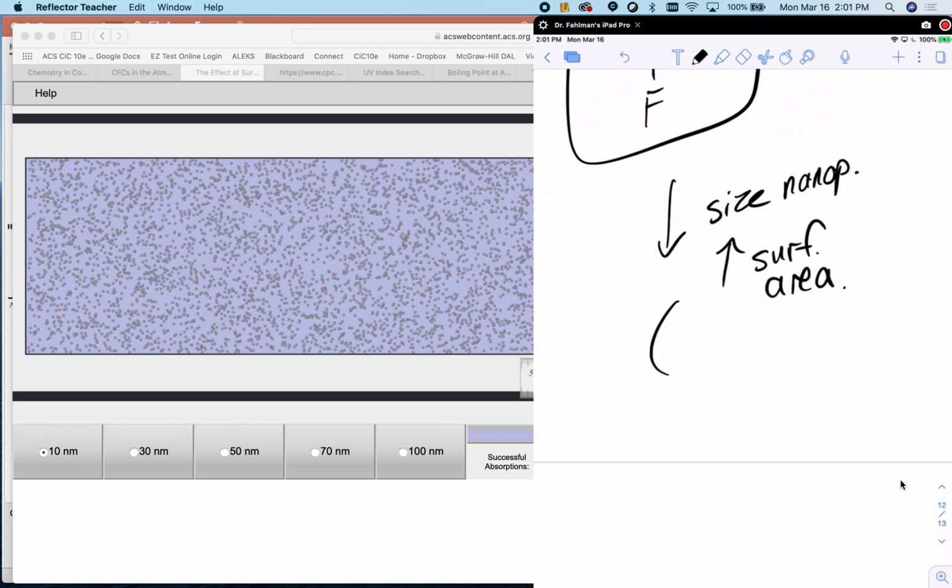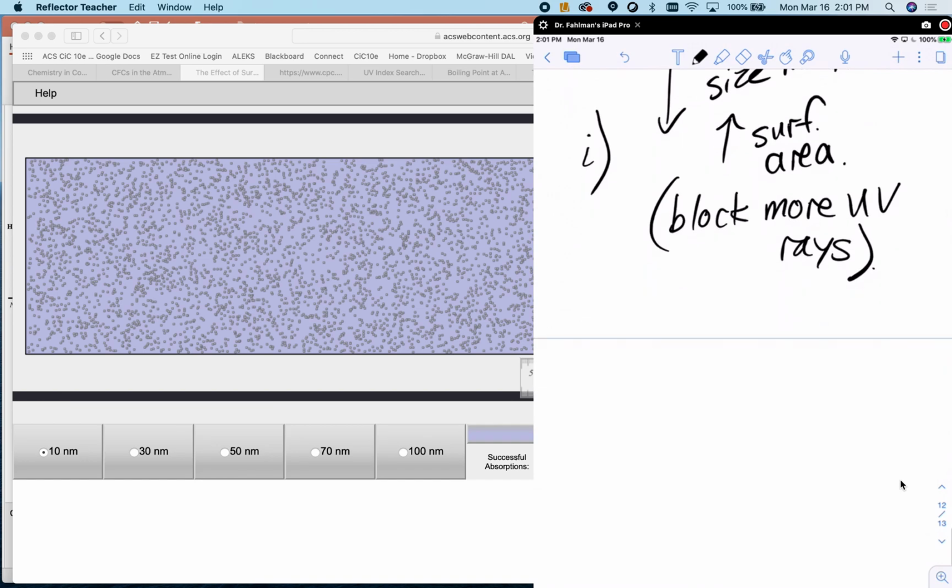And so that means that they will block more UV light. So this property of sunscreens is really just a simple blocking. You've got sunscreen that contains nanoparticles of something. But then you could have some sunscreens that contain only organic molecules.